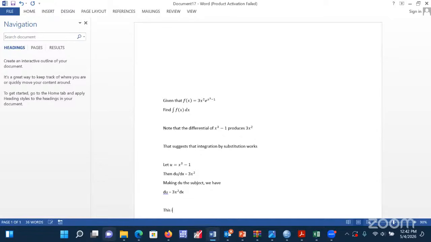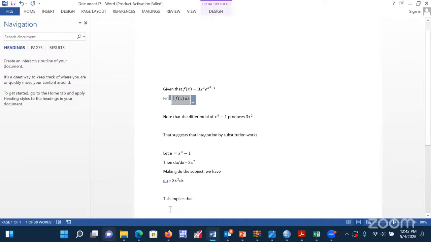Remember that to integrate this, rearrange.